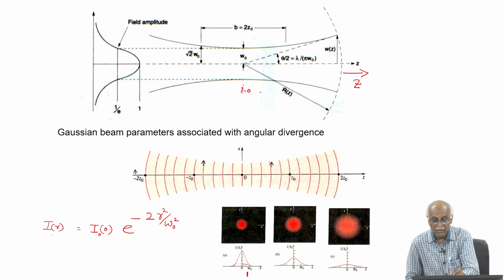And as we go along the z direction, what we observe is that this beam spot size changes.